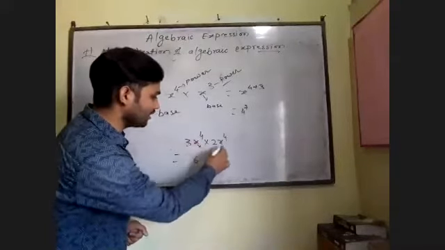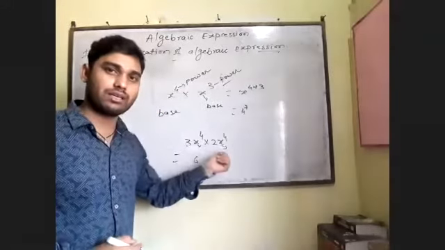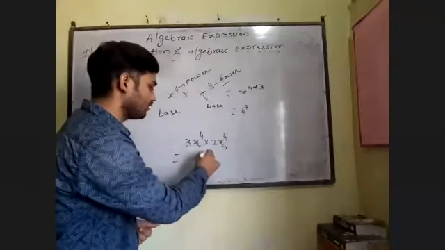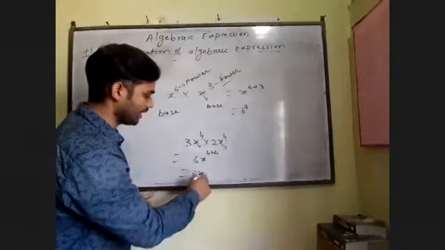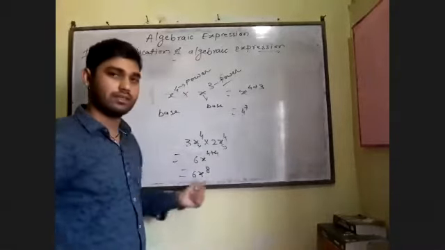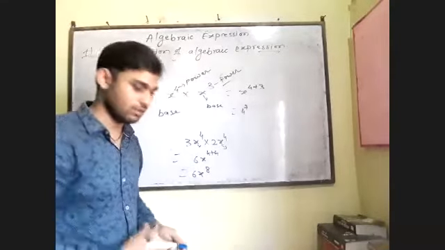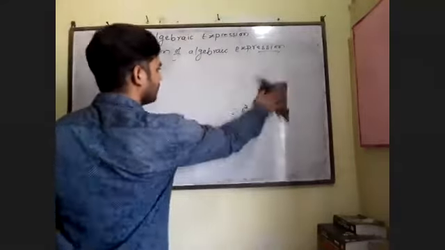The bases are both x and equal, and their powers are 4 and 4, so x to the power 4 plus 4. The final answer will be 6x to the power 8.